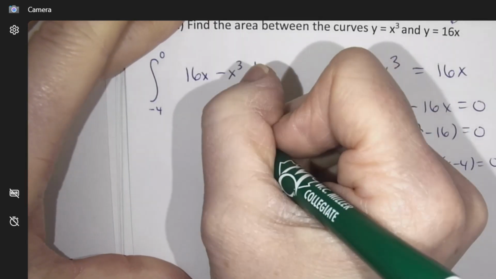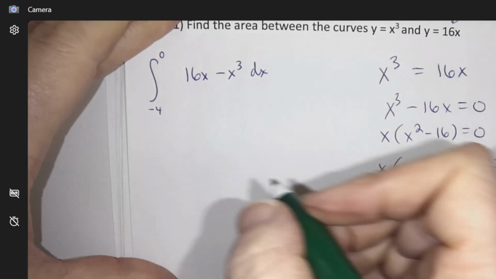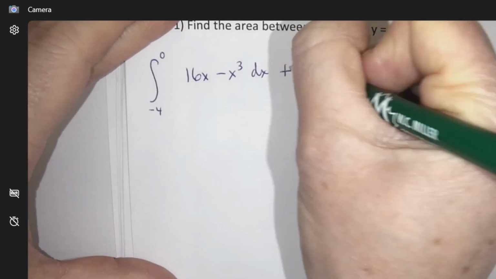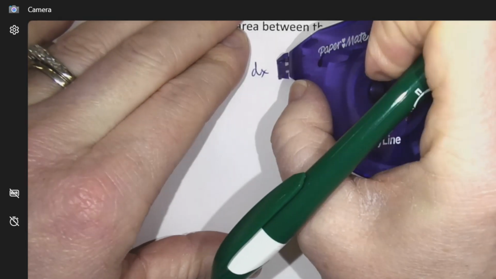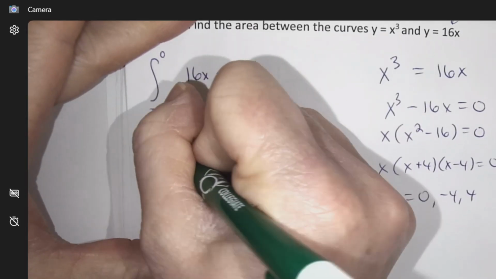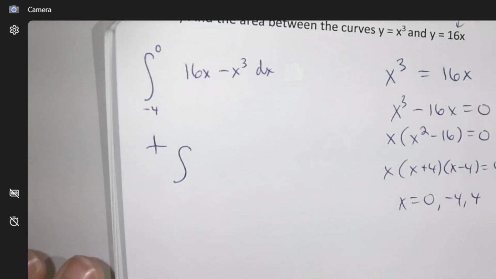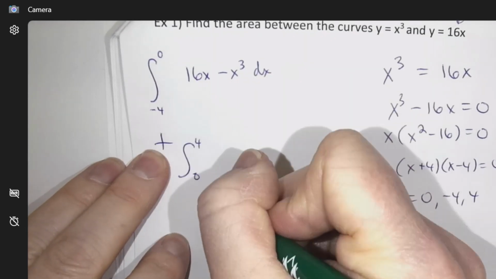And then, I wish I had more room right beside here, I would add, I'm going to add what? I'm going to do the area between 0 and 4.